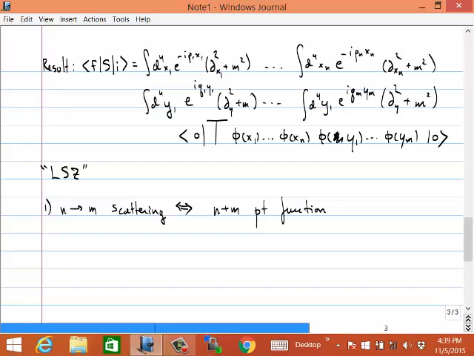The second comment that I'll make is that if we were studying free fields, remember the free fields obey the Klein-Gordon equation. And so in this case, this S matrix is just completely trivial.